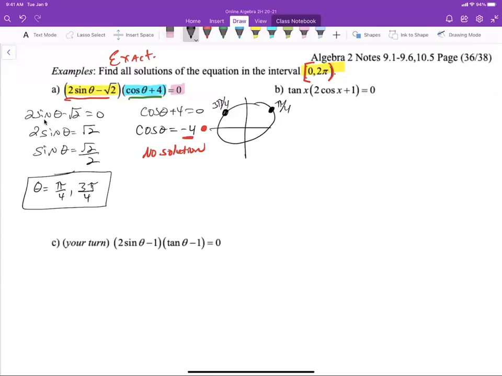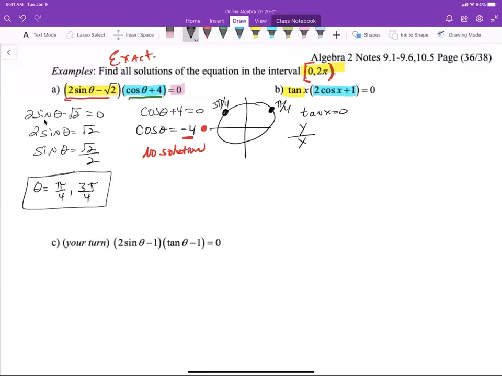All right, how about the next one? I have tangent x times, in parentheses, 2 cosine x plus 1, is equal to 0. So either tangent x is equal to 0, or 2 cosine x plus 1 is equal to 0. And then I can set each one of those individually to 0 and solve. So tangent x is equal to 0. Where is tangent equal to 0? Well, tangent is y over x.